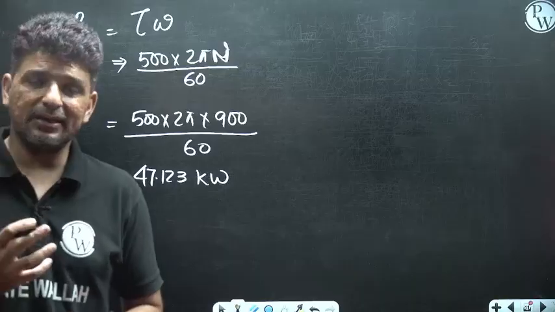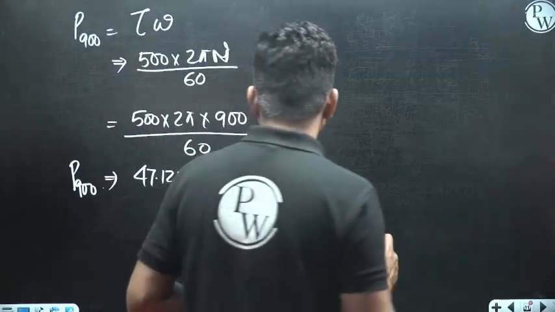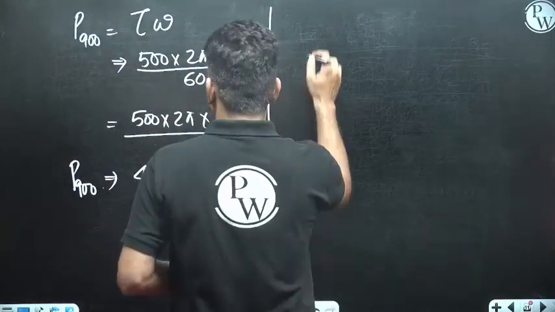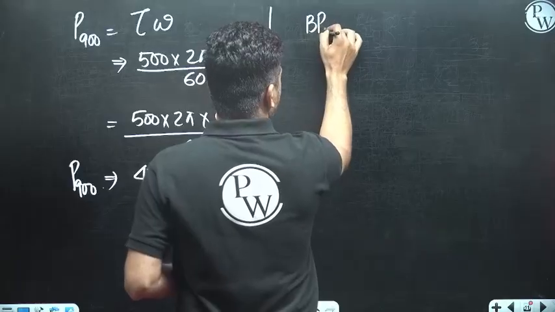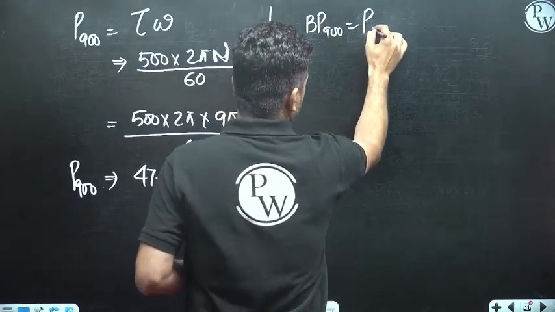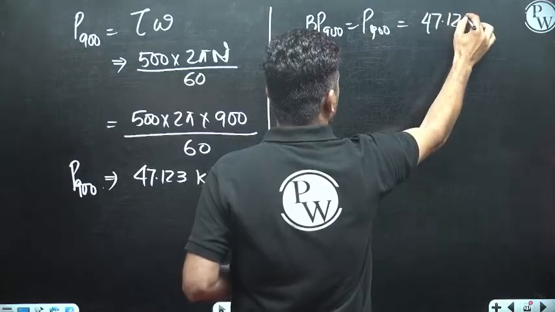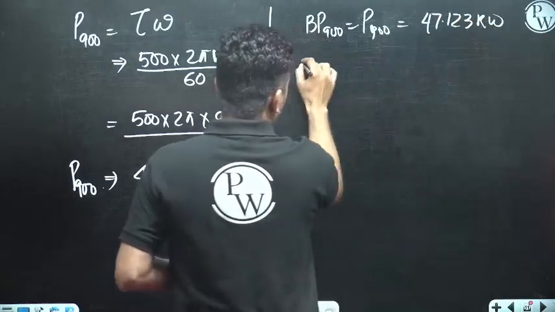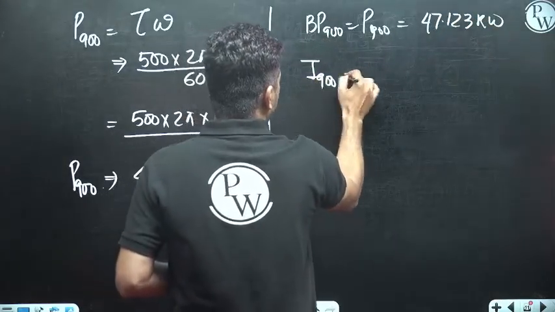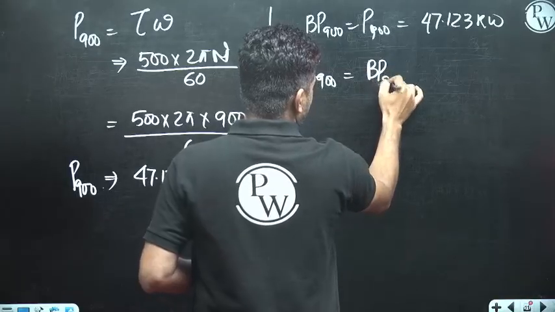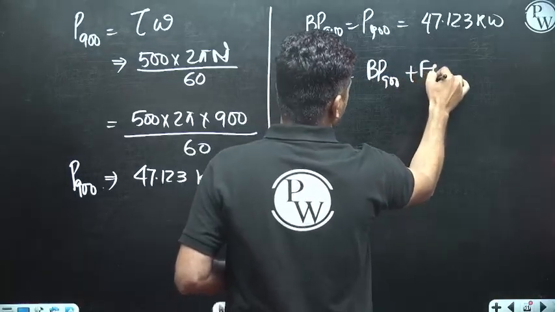Now you see that this is your brake power. P900 is your brake power at 900. That is the power measured at 900. So brake power is 47.123 kilowatt. What will be the indicated power at 900? That will be brake power at 900 plus frictional power.